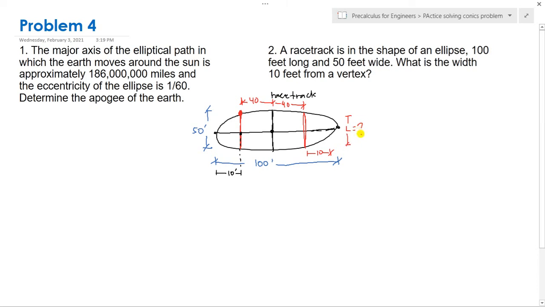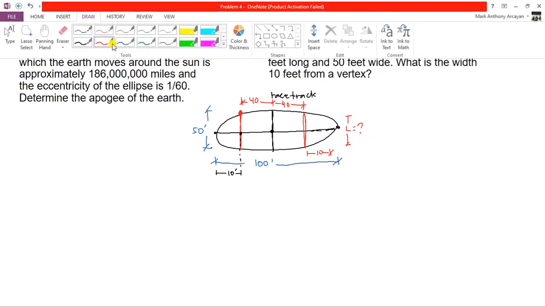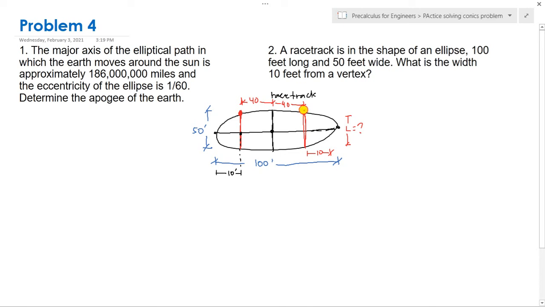So to solve that, you can consider a point and solve for y. So let's say this point. The point here, the value of x is 40, but y here is just y because we don't know yet how far it is from the x axis. So we will find it.